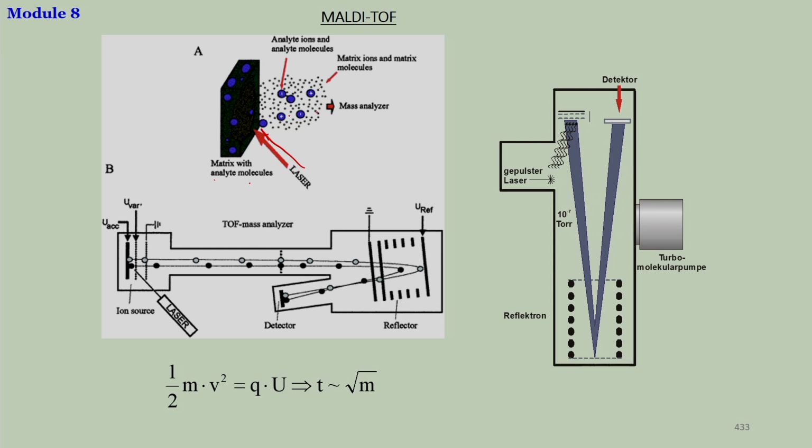Those ions, according to their time of flight, will come out at different times, and then you can analyze their mass. So, this is the laser, TOF is the time of flight mass analyzer, this is a detector. If this is coming out first, this will have more speed, it will go here, deflection, detector. So, it will reach the detector early, this will reach the detector a little late.